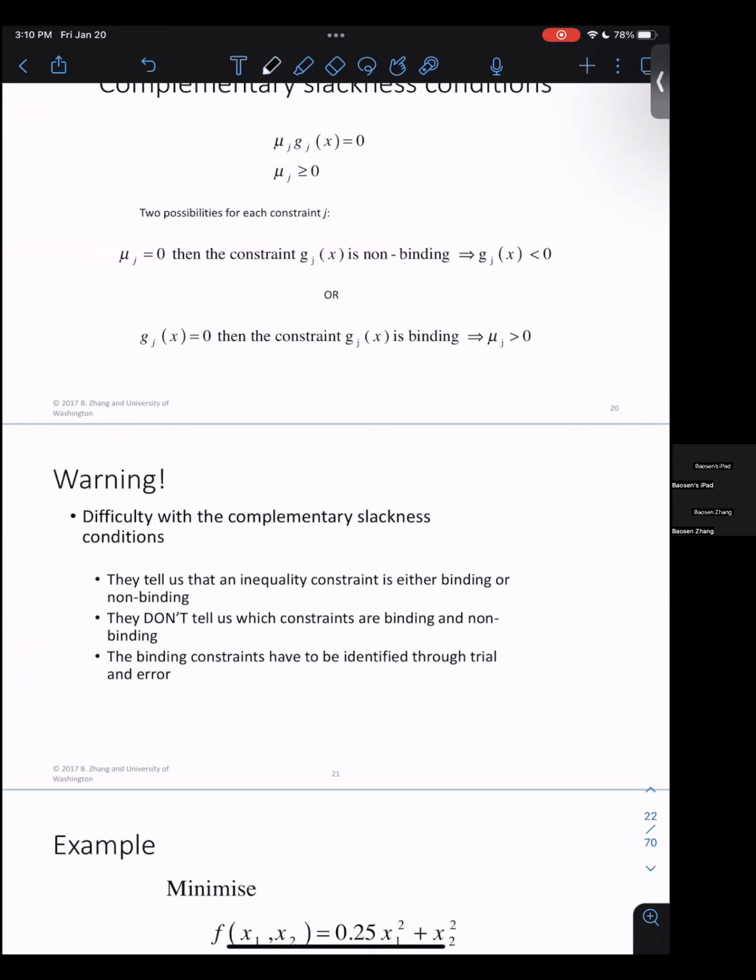You don't know which one a priori before you solve the problem. So solving the problem is basically trying to figure that out. And the dumb strategy we're going to use in this class is trial and error. Questions for this? Trial and error.